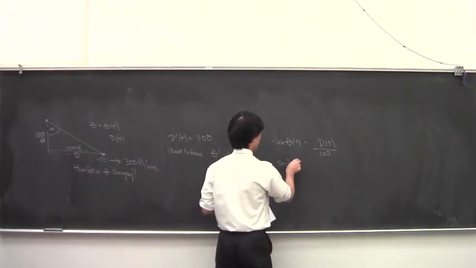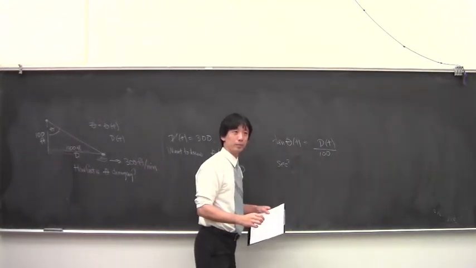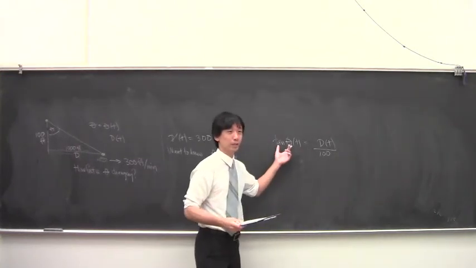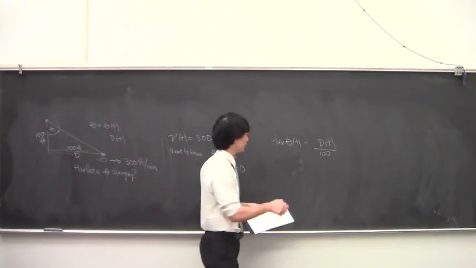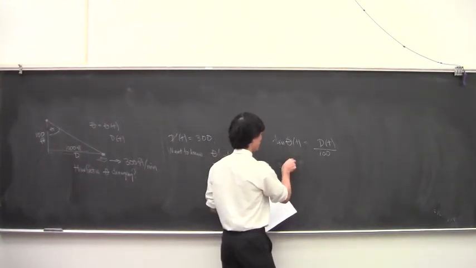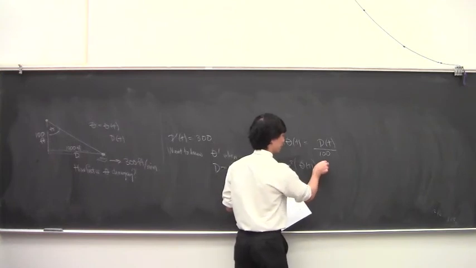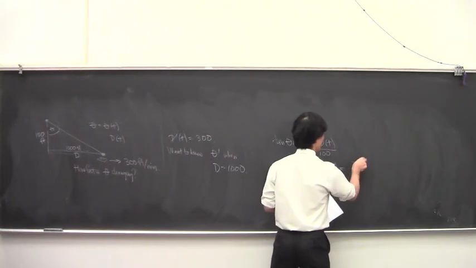Secant squared. You differentiate the left side and the right side. The derivative of the tangent is secant squared of theta, times the derivative of the inside, and we get d prime over 100.